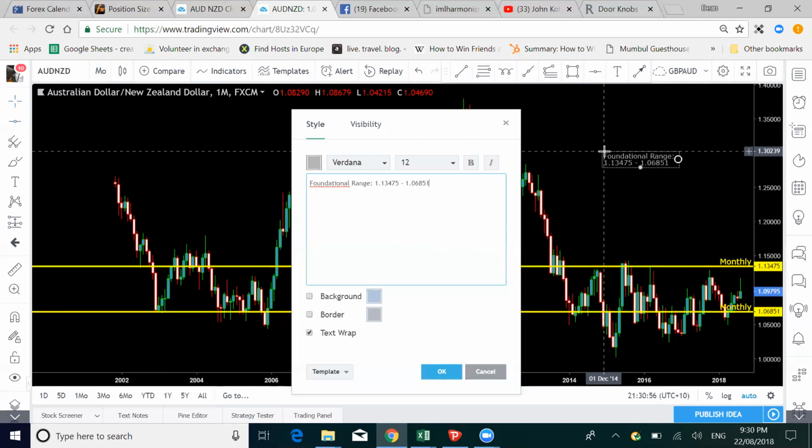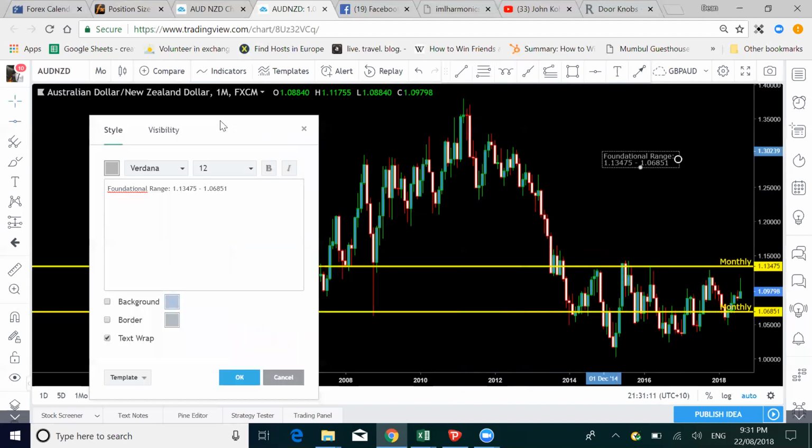Now, if I'm sitting fairly close to a whole number, I will move that. So you can see here we're at 1.13475. I'd like to see what that looks like at 1.13500. Okay, so 13.5 cents rather than 13.475.